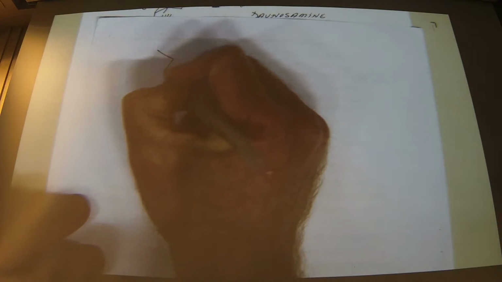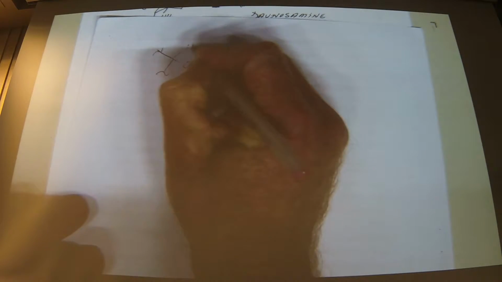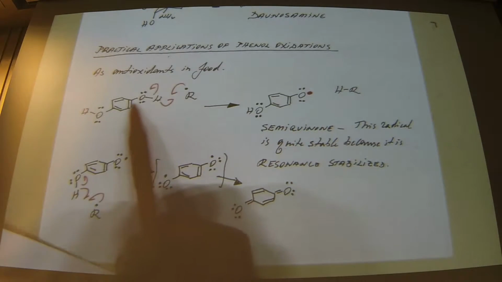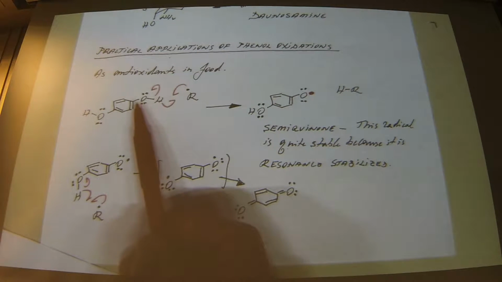So if I have carbons like that, and here's the alcohol, this hydrogen atom right there is critical to getting the oxidation to work.